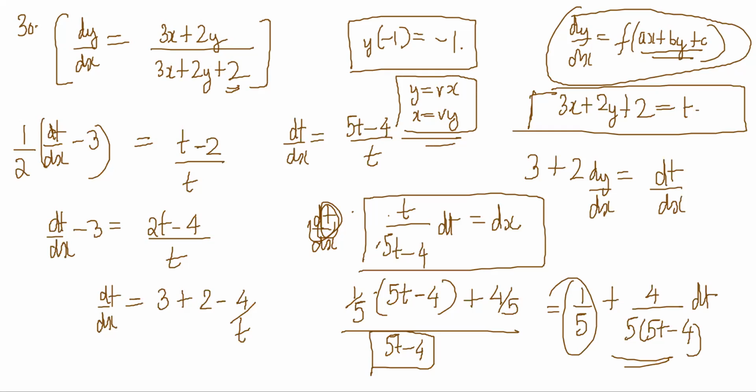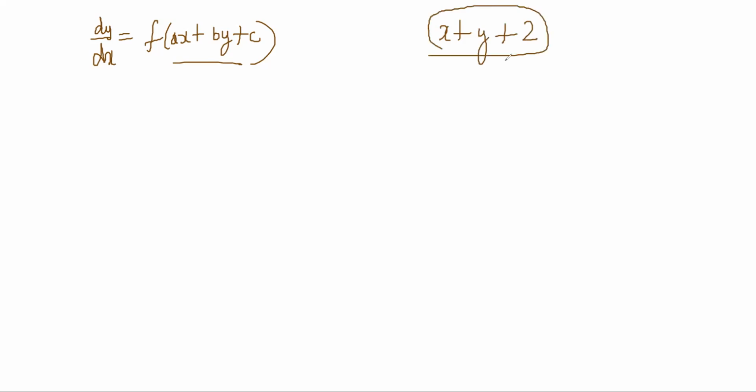So we make this substitution when dy by dx is equal to f of ax plus by plus c and it's not homogeneous. We substitute it whenever some linear expression of x plus y is there.